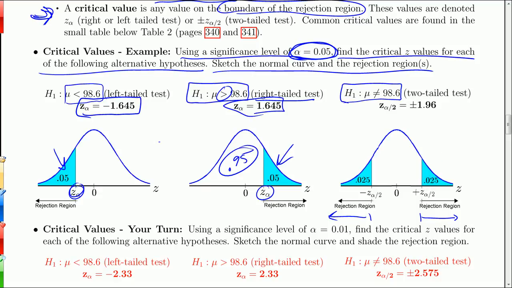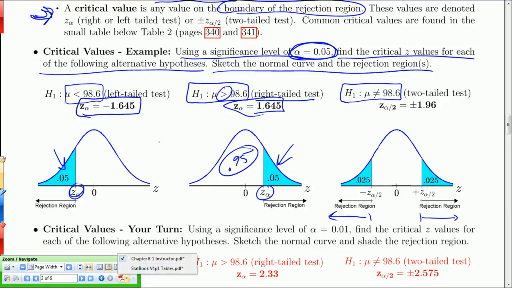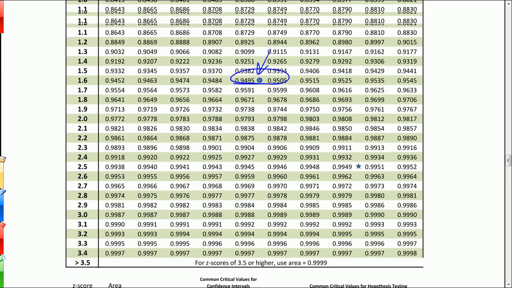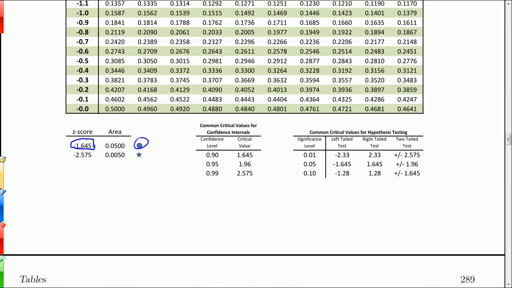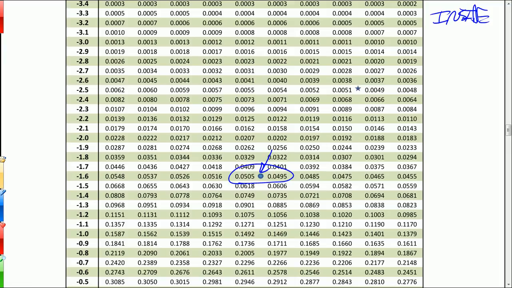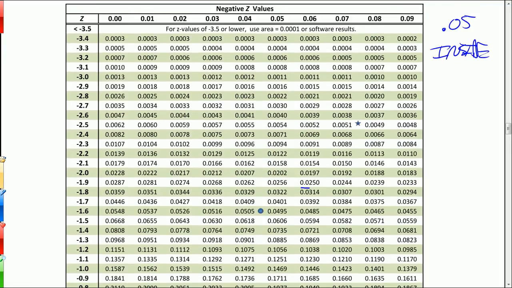So I look for 0.025 inside my z table. I know it's a negative value. When I look around, I find it right there.